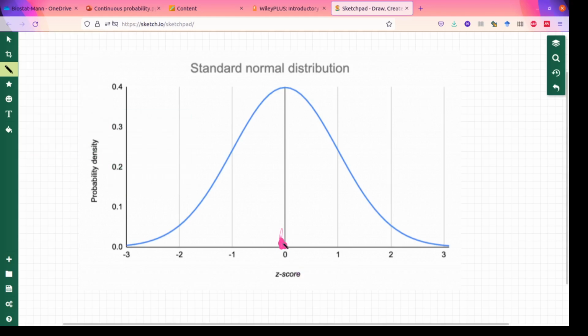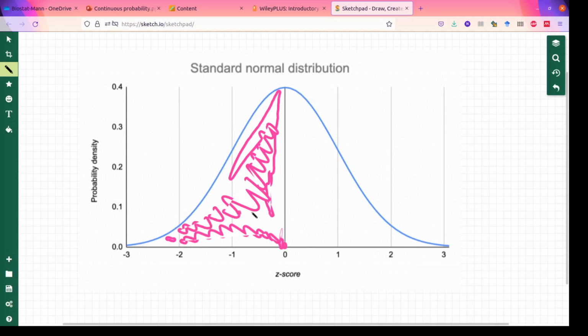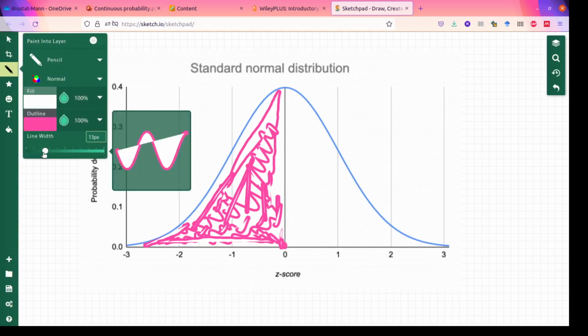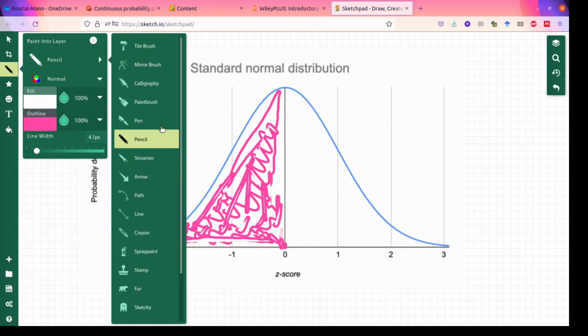So from the 0, this is our z-score. I'll color everything to the left of this one, all the way to the end. That's 0.5, so this is equal to 0.5. Let's use a smaller width, the brush.